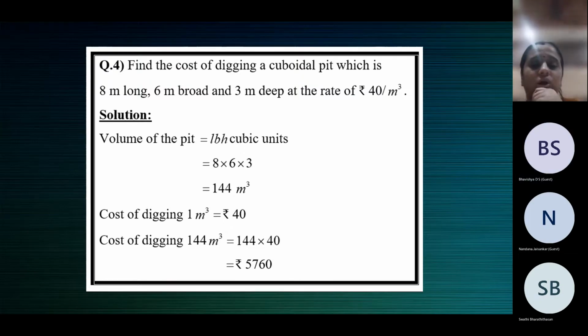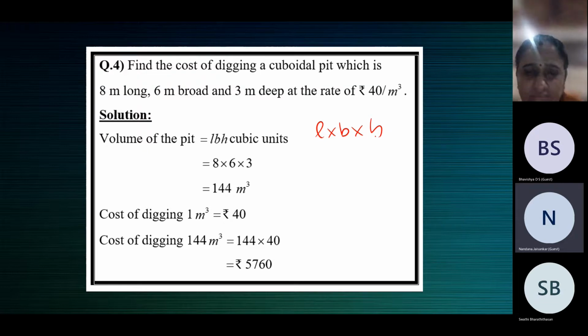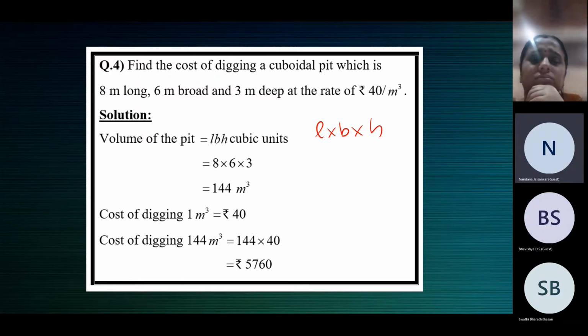So we need to first find the volume, which is LBH, or you can write L into B into H, it's all the same. We can write volume into rate per meter cube.